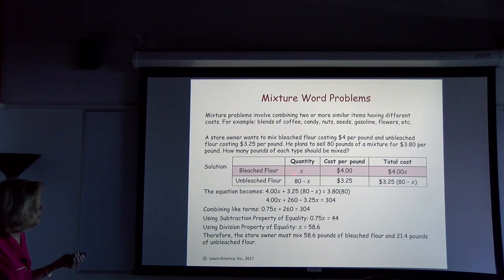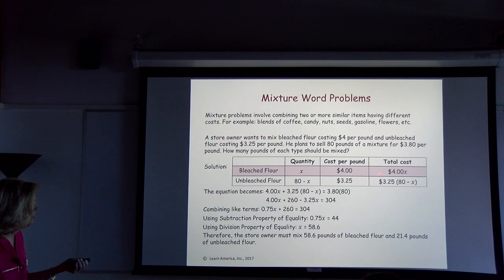The quantity of bleached flour we're going to say is X, and if I need 80 pounds altogether, then 80 minus X represents what's left. The cost per pound was given to me, and if I buy X pounds at $4 per pound, the total cost is 4 times X. If I buy 80 minus X pounds of unbleached flour at $3.25 per pound, again, the cost times the number of pounds.